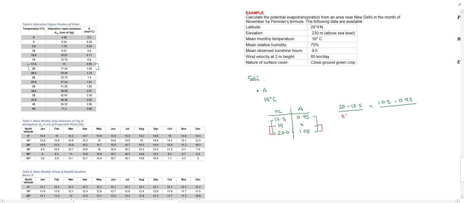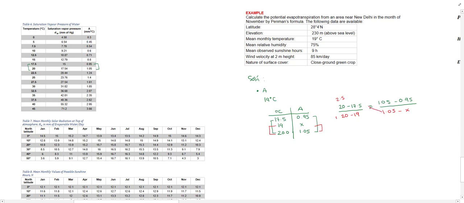So this would be 20 minus 19 equal to 1.05 minus x. Now we find what is our x. So we simplify, this would be 2.5 and then this one is 1.